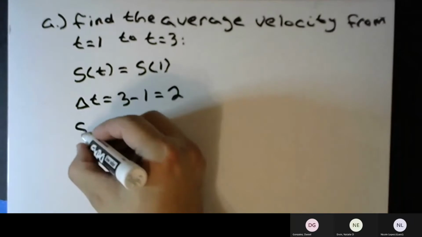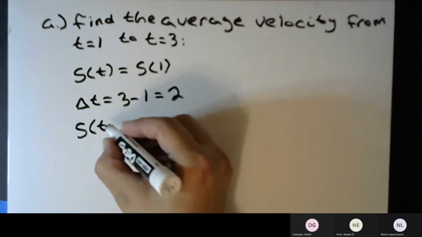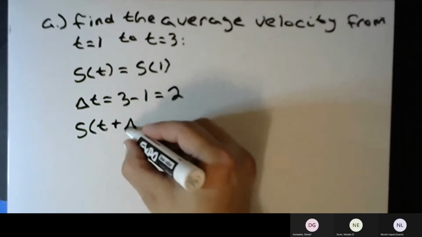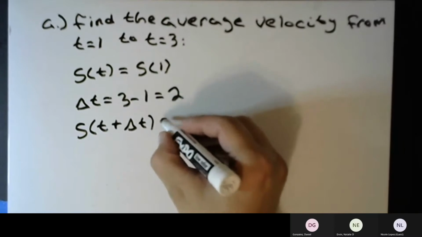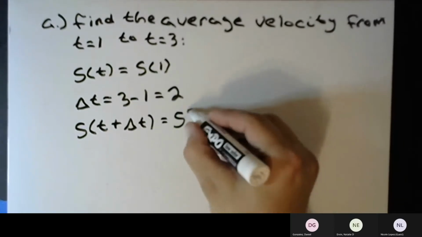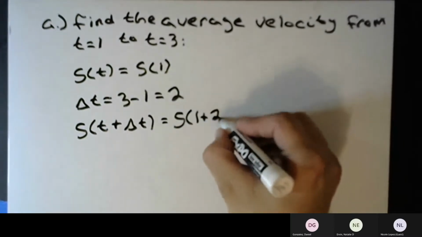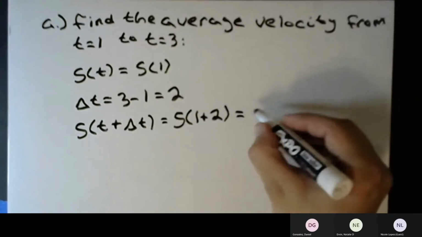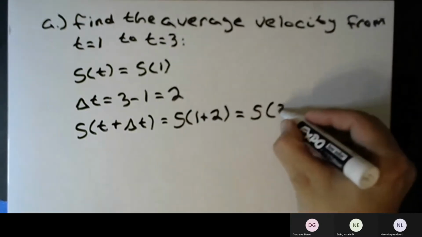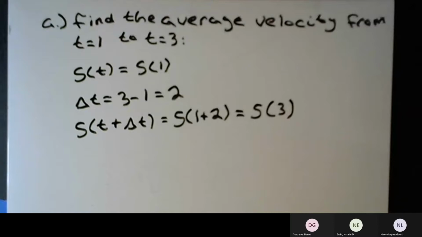And then s of t plus delta t, I'm just using the parts that we have here, it's just going to be s of 3, that future time. So that's how all these parts go together. So we have delta t. We still need to find delta s.